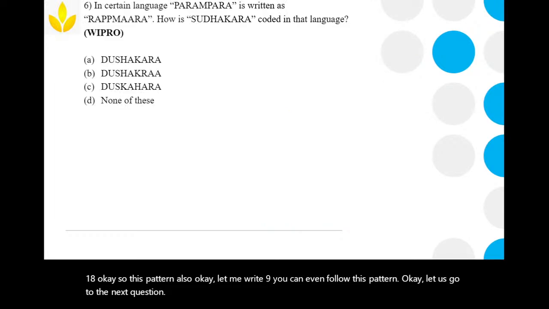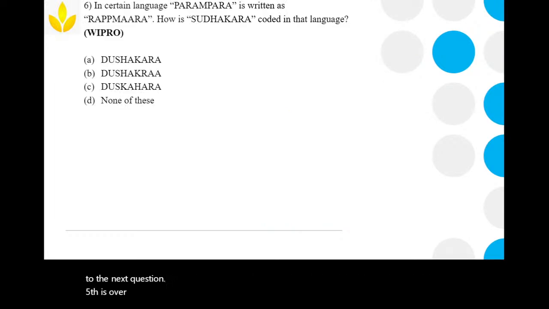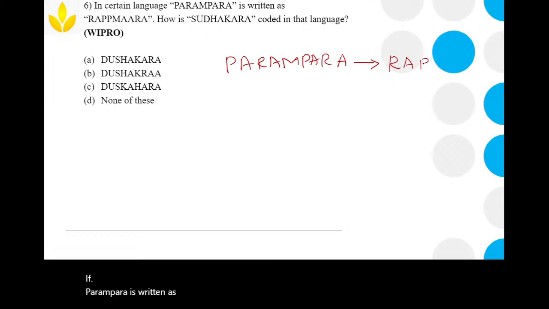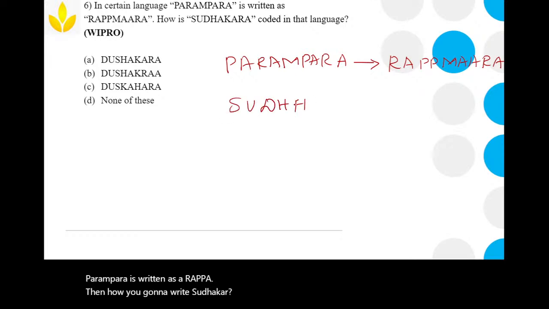Okay, 5th is over. Now, what they have written? Parampara. If parampara is written as R-A-P-P-M-A-A-R-A, right? Then how you gonna write Sudhakara? Oh, sorry, D-H-A-K-A-R-A. How will you write Sudhakara?